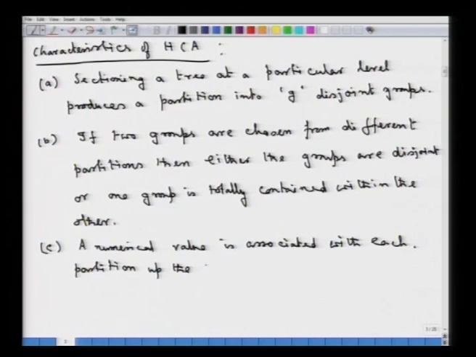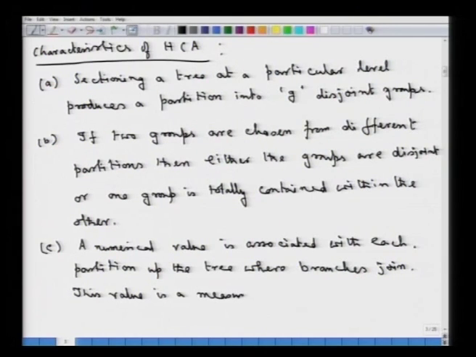So the structure is the tree structure up the tree where branches join together. Now this value is a measure of distance or dissimilarity between the two merged clusters.